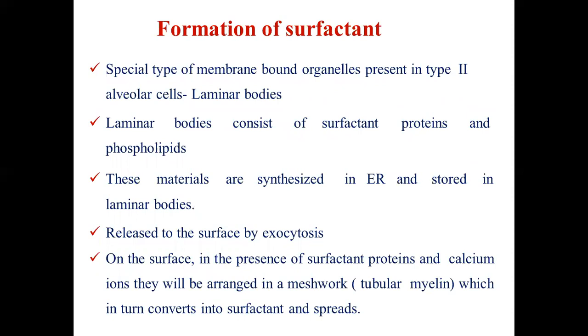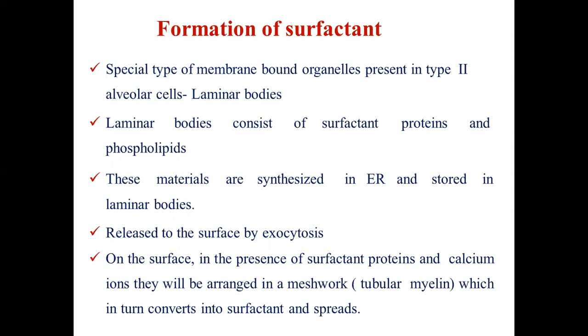As we have seen, special types of organelles are present in the type 2 alveolar cells. They are known as lamellar bodies. These lamellar bodies consist of surfactant proteins and phospholipids. These materials are synthesized normally in the endoplasmic reticulum, and they are stored in the lamellar bodies. The synthesis starts from the 24th week of gestation.